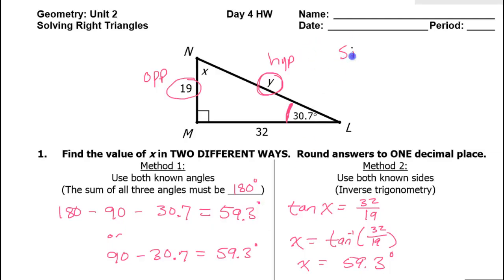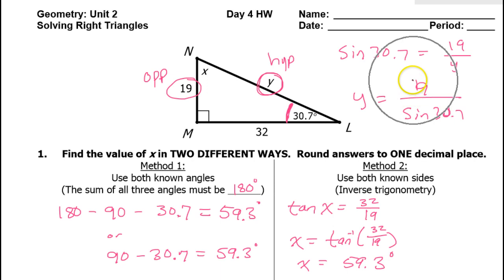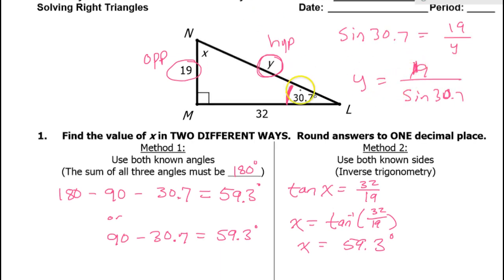So I would do sine of 30.7 is equal to 19 over y. And I would do the switcheroo. Now I would have 19 over sine 30.7. And if you put that in your calculator, you're going to get the same answer we got before. Okay?